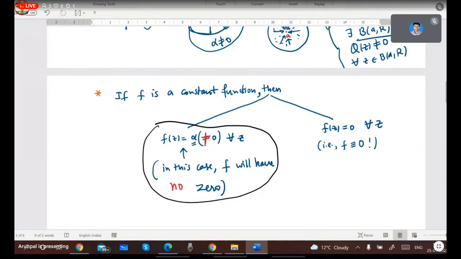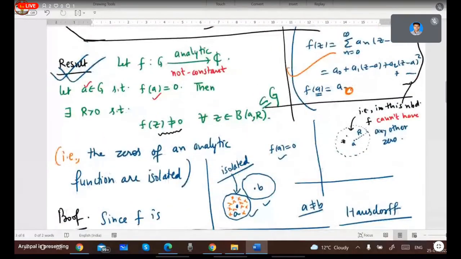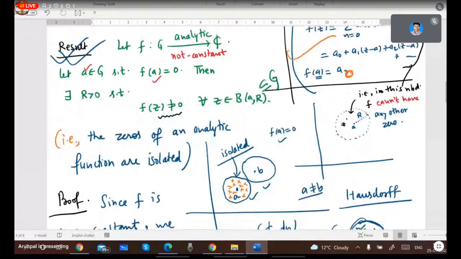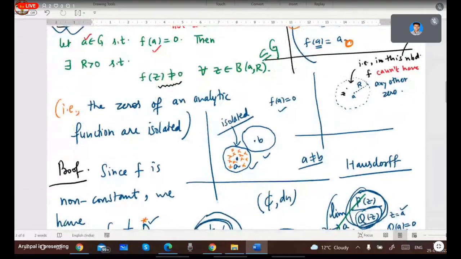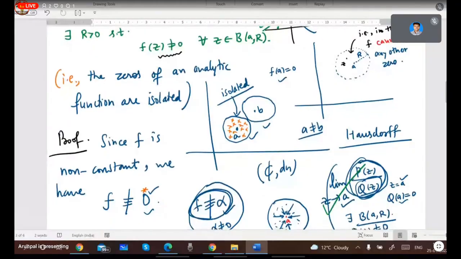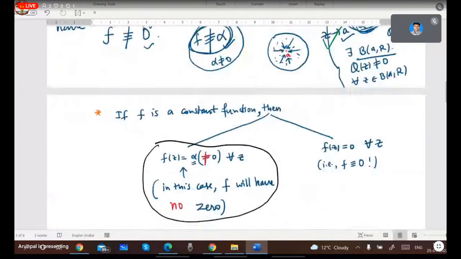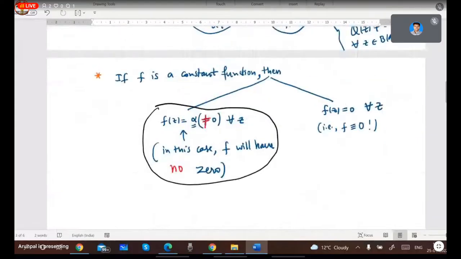And class, if identically equal to 0, then nothing to discuss.